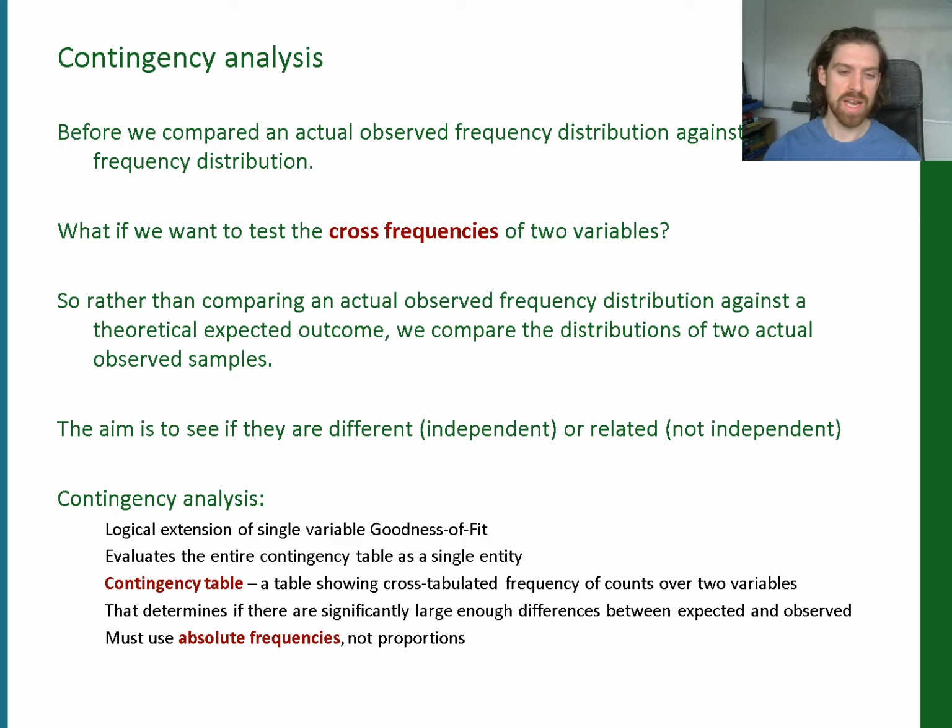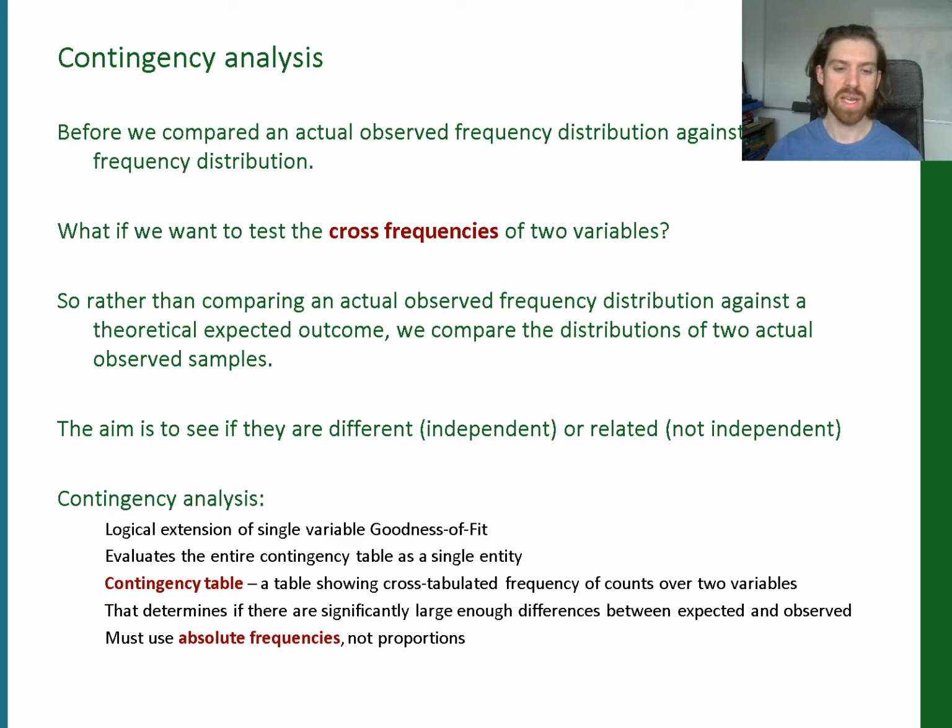Contingency analysis is a logical extension of the goodness of fit approach that we used previously for a single variable, and it evaluates an entire contingency table as a single entity. I'm going to cover contingency tables on the next slide, but for now, just accept that it considers the whole thing as a single unit.